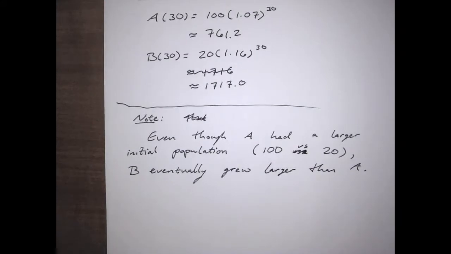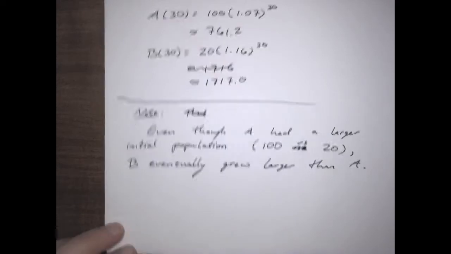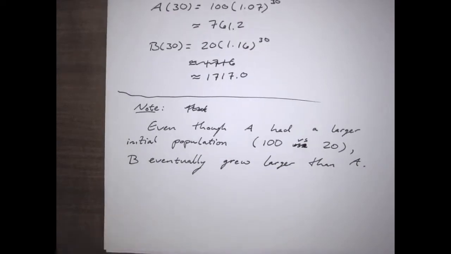If you have any two groups that are both growing, the one with a higher growth rate will eventually outstrip the other one. So there's that.